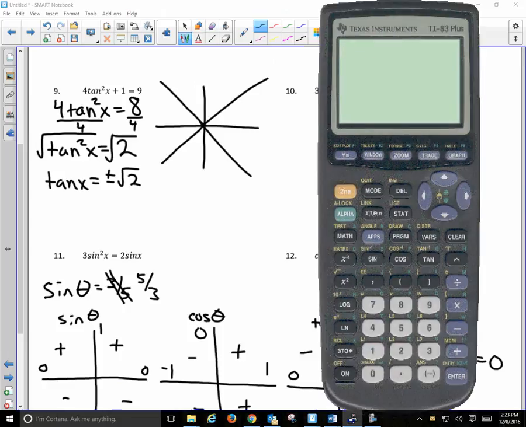So I'm going to tangent inverse the square root of 2. And I get 54.74. I always draw my reference angle between the terminal side of the angle and the x-axis.